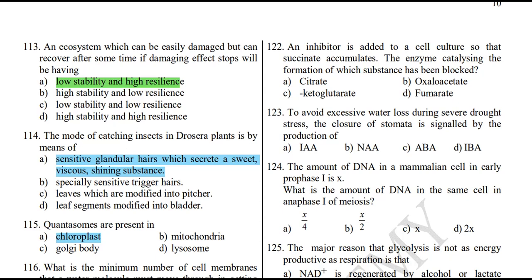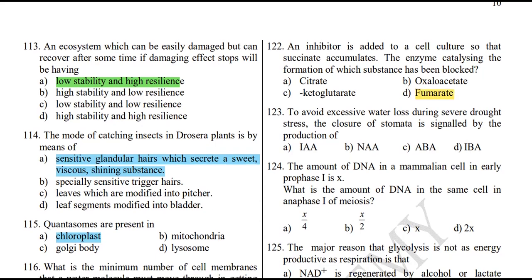So if there's no enzyme and if there's going to be inhibition, succinate cannot be converted into fumarate. So the answer is option B. Okay, the next question, to avoid excessive loss of water, or we can say transpiration. Okay, so what exactly happens? The stomata actually closes. If a stomata has to close, there has to be some release of some hormone. So that is going to be abscisic acid. So the answer is going to be option C.